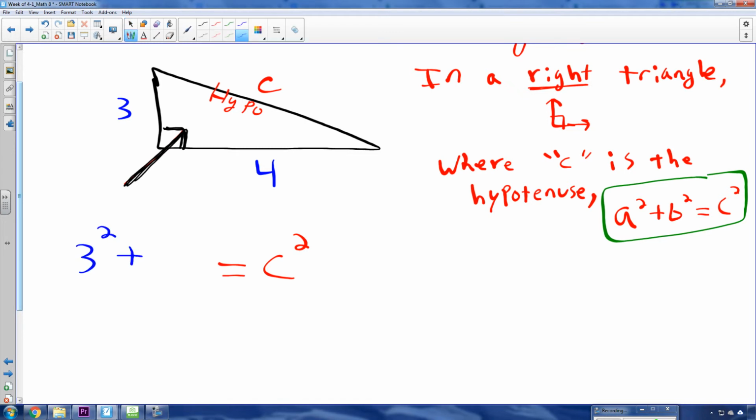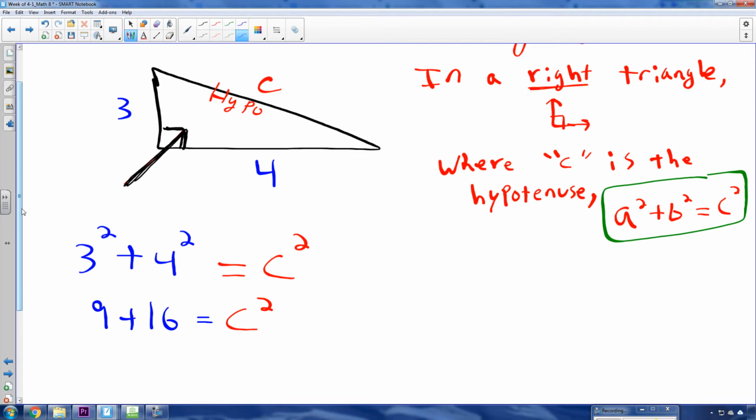Now, why am I squaring them? Because that's what the theorem says. The theorem says that it will always work out that way, okay? So 3 squared is 9, 4 squared is 16. So I have 9 plus 16 is equal to C squared. Well, we know that 9 plus 16 is equal to 25.